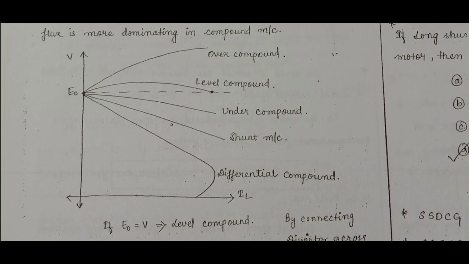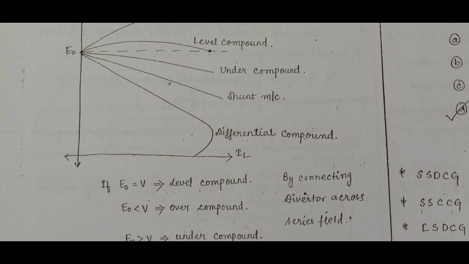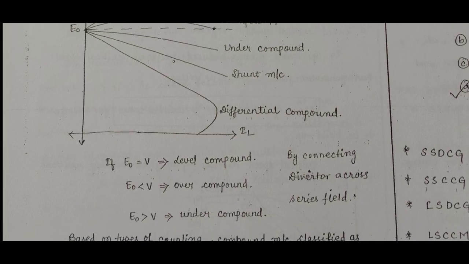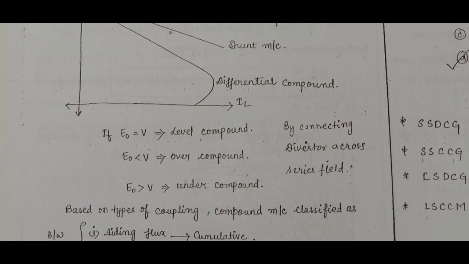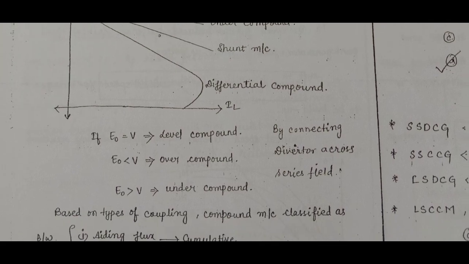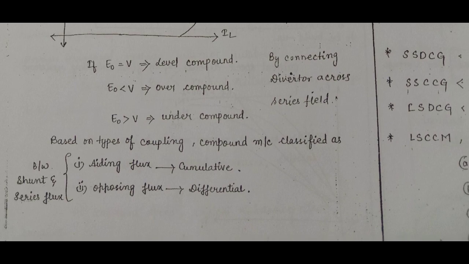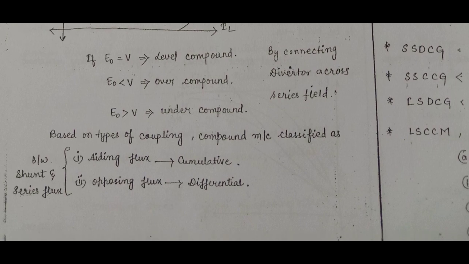Level compound means E0 equal to V, where E0 is the generated voltage and V is the terminal voltage. In under compound, terminal voltage is less than generated voltage, E0 is greater than V, by connecting the diverter across the series field.